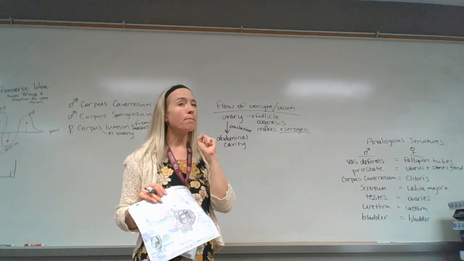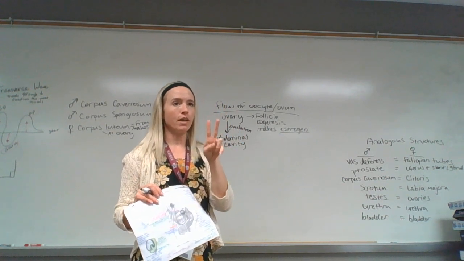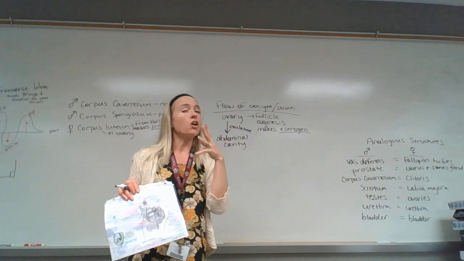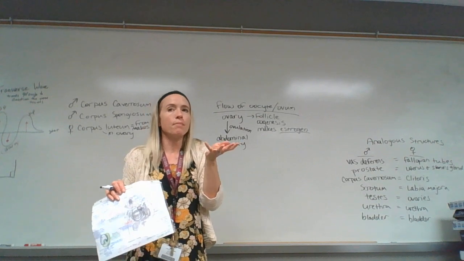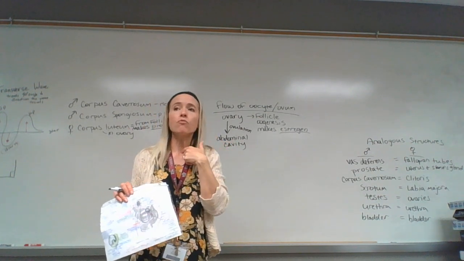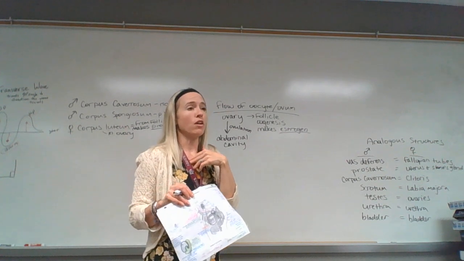It's called an ectopic pregnancy. We'll learn about that in 2 weeks. And if it's caught early, sometimes they can save the mother, but usually, unfortunately, it can be really bad and harmful and potentially even fatal for the mother.